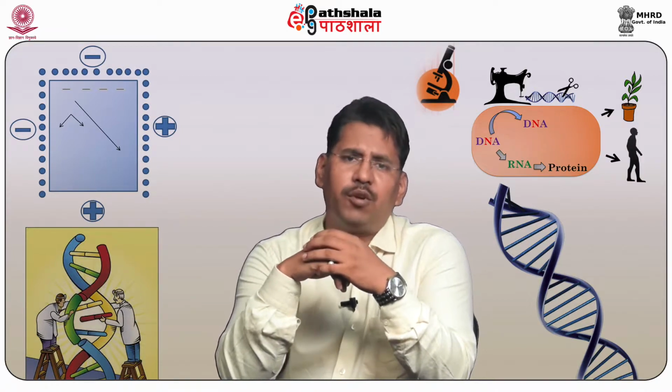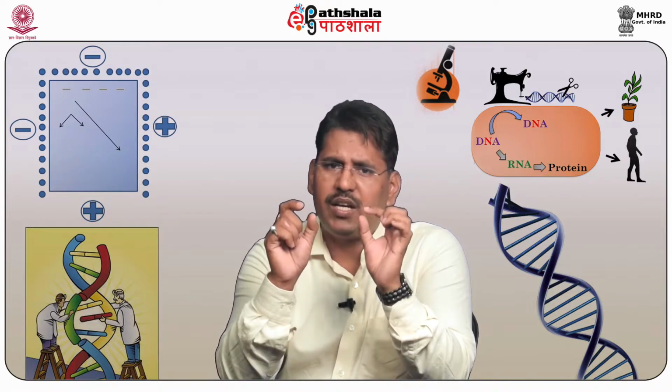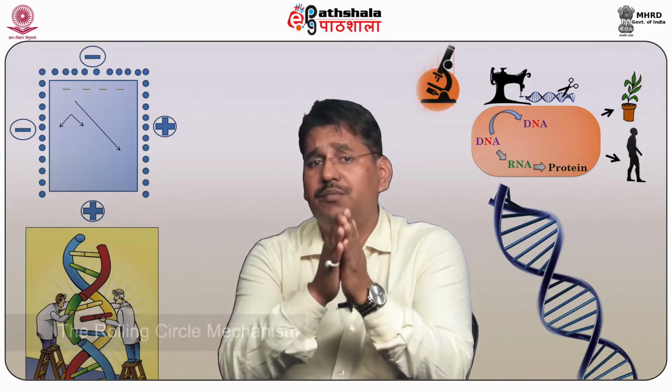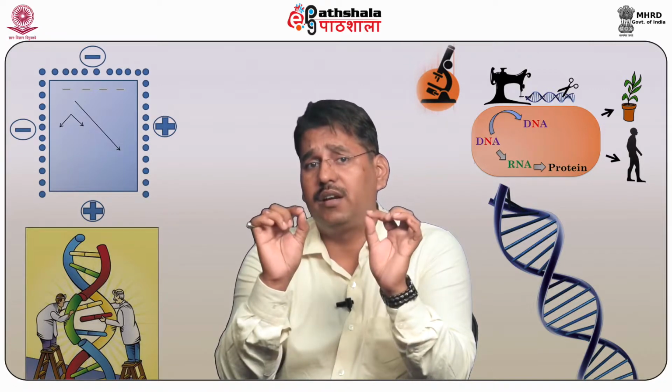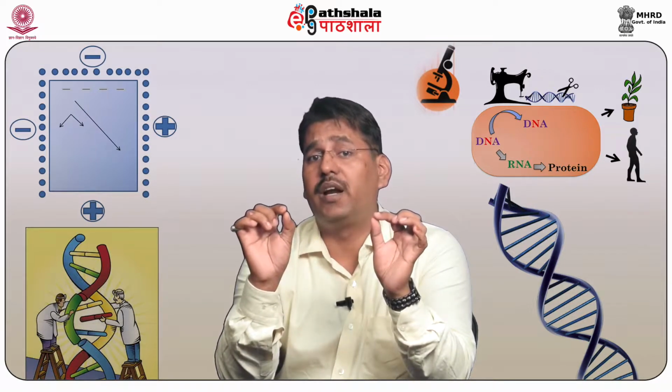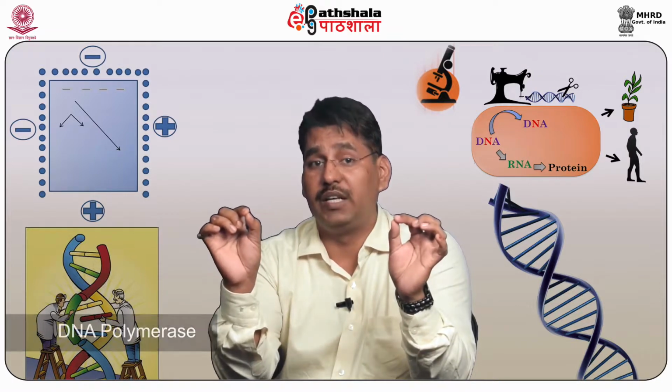In M13 bacteriophage, the DNA is replicated by a rolling circle mechanism. In this mechanism, one strand is nicked at 3' OH and extended by DNA polymerase.